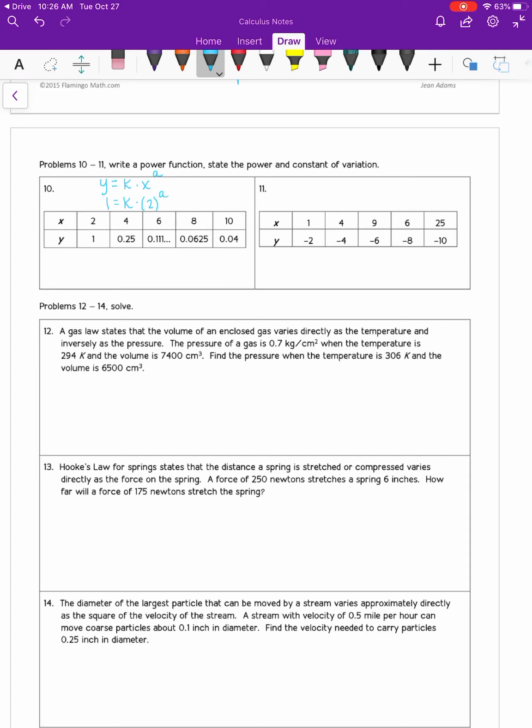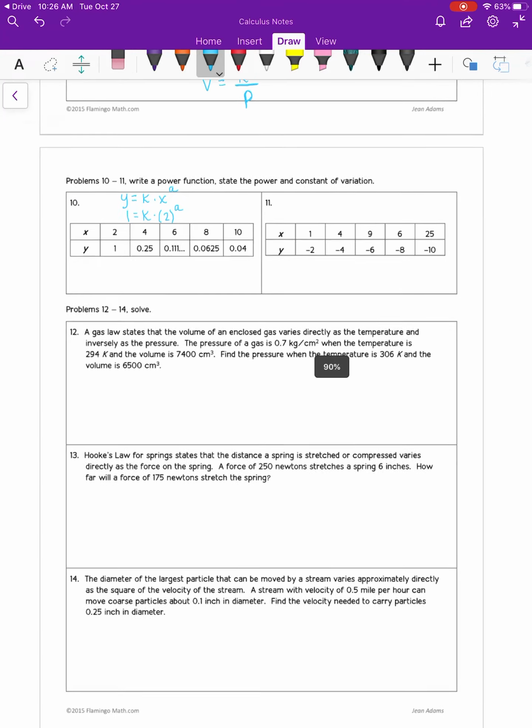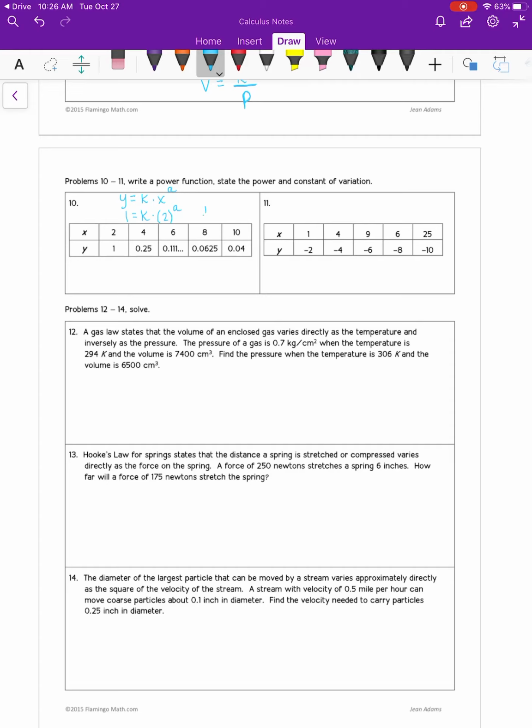I don't know what my k is, I don't know what my a is, but I know my y is 1 when my x is 2. I also know that my y is 1/4 when my x is 4. So those are two things that you know. Now you have two equations and two unknowns, and I can solve this by substitution.